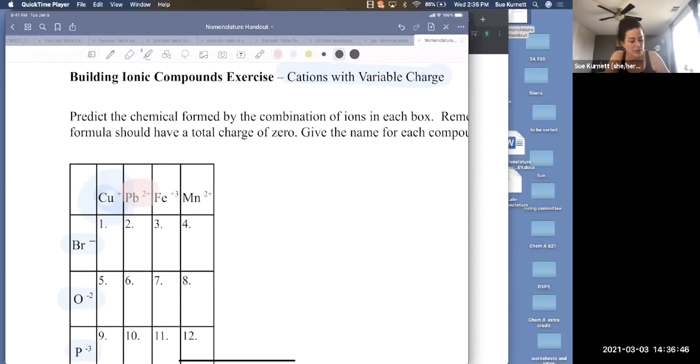Here we have lead 2, and so every time it combines with one of these ions, it's lead 2 that. Iron 3 is iron 3 bromide, iron 3 oxide, iron 3 phosphide. So the important part of this one is just know that because cations have variable charge, you state the charge.